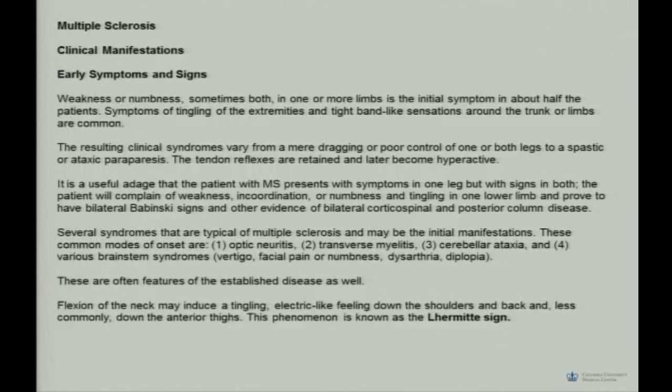So a classic or characteristic patient is a woman in her 30s. All of a sudden she has what she thinks is, let's say, sciatica, where she just has numbness and pins and needles and pain in one leg, and it doesn't seem to get any better.